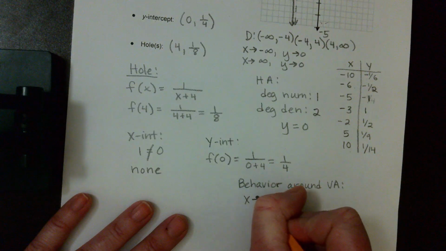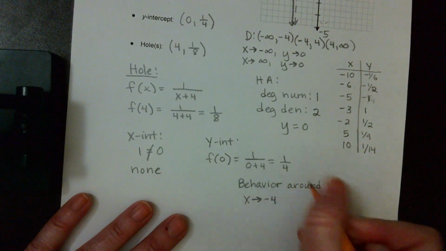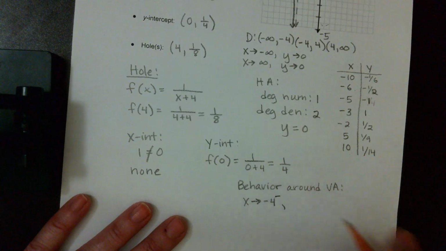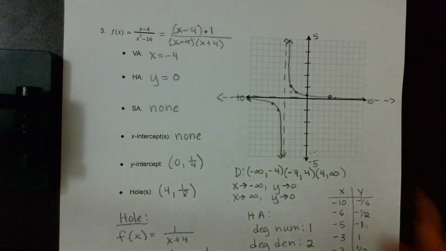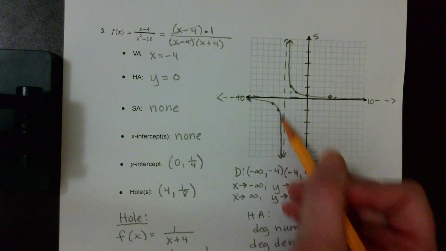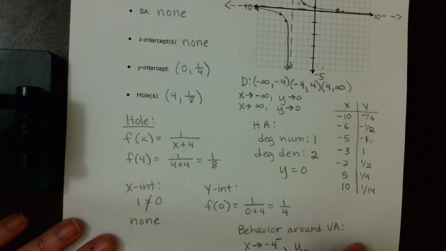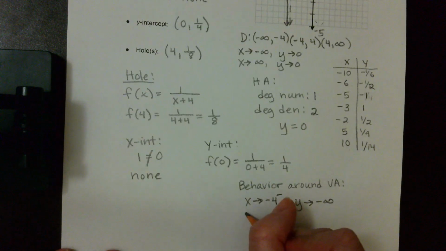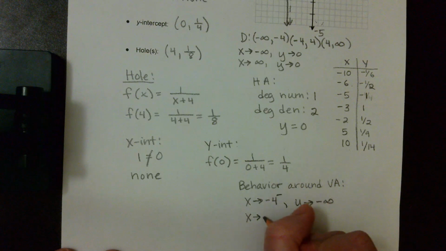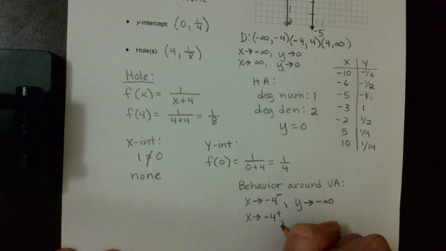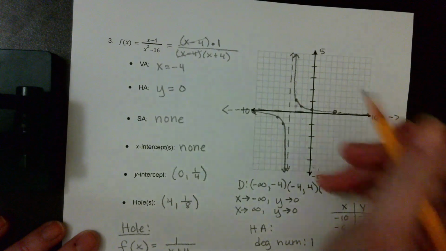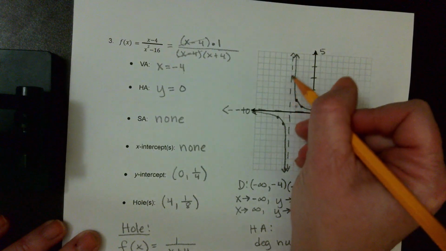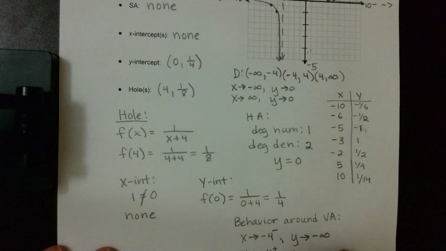We want to think about the left. Looking at negative 4 from the left, y is approaching negative infinity. And then if we want to think about x approaching negative 4 from the right, our graph is going up to infinity.